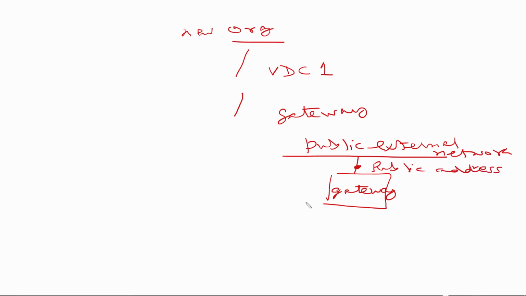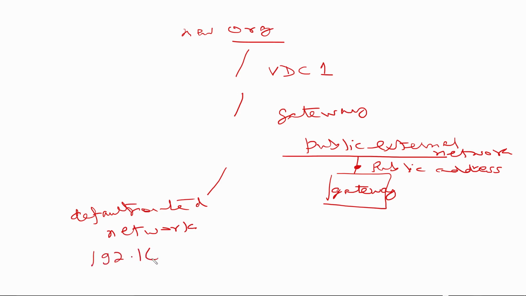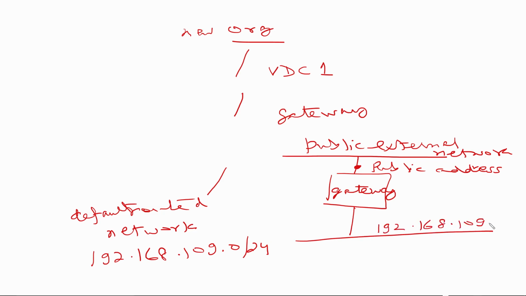This is a public address. What you then get is your routed network, called the default routed network, with the initial range of 192.168.109.0/24. So coming out of that, you have your 192.168.109.0/24 network.